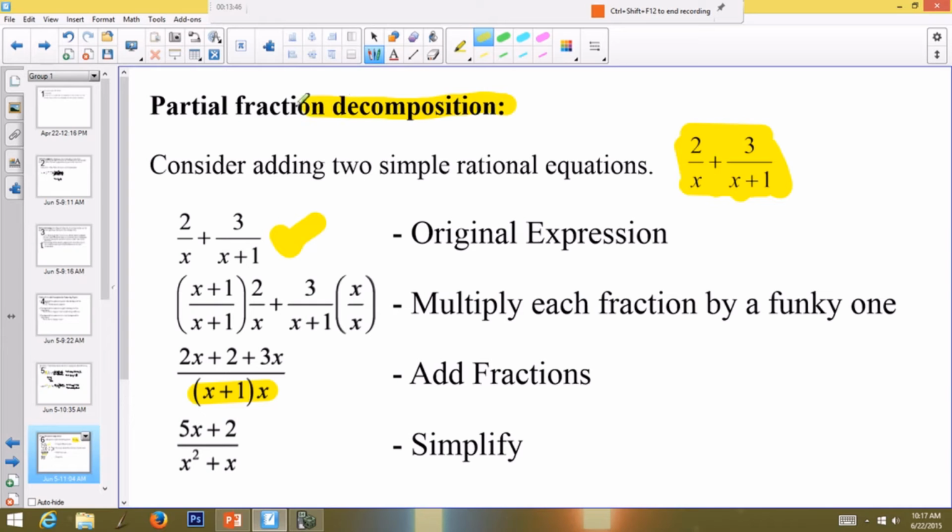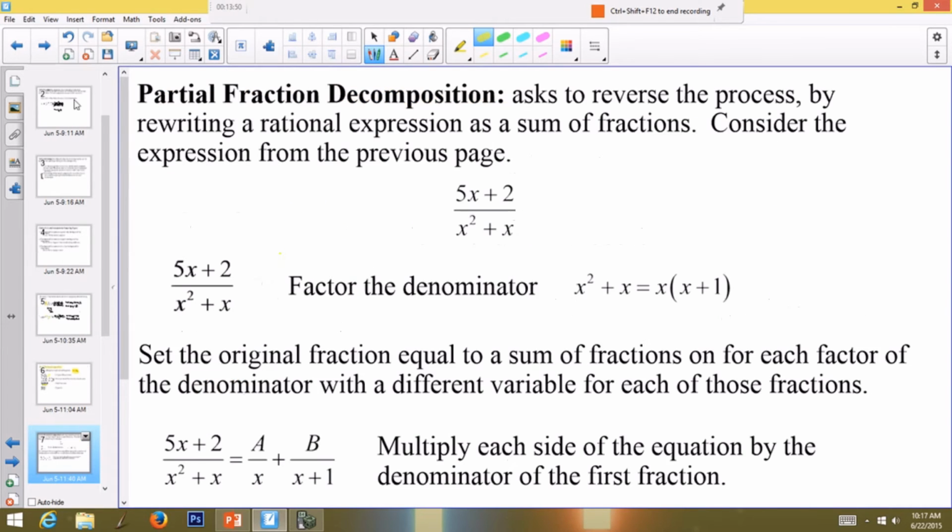That's not what we're trying to get to. What we're trying to get to is this partial fraction decomposition, which is going to ask us to take this added function and break it down so that it is the sum of some other fractions, specifically with linear denominators. So how am I going to do that?